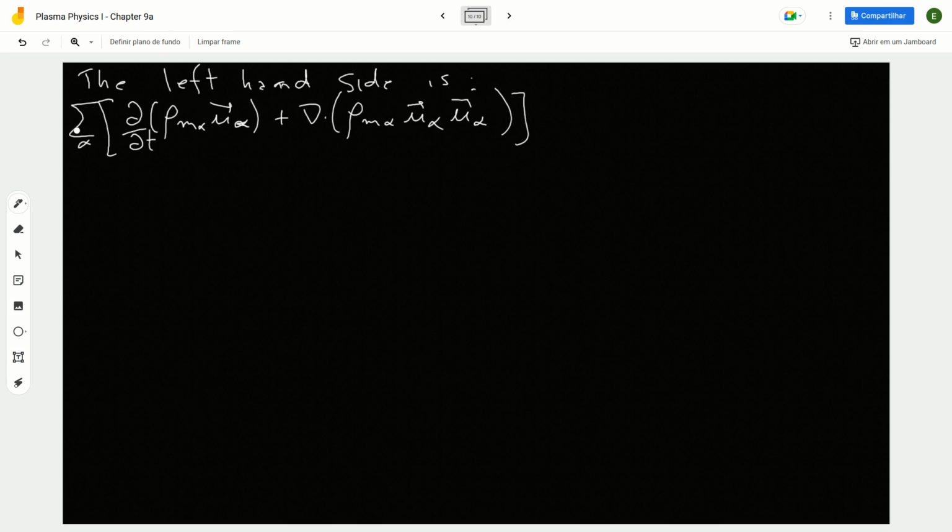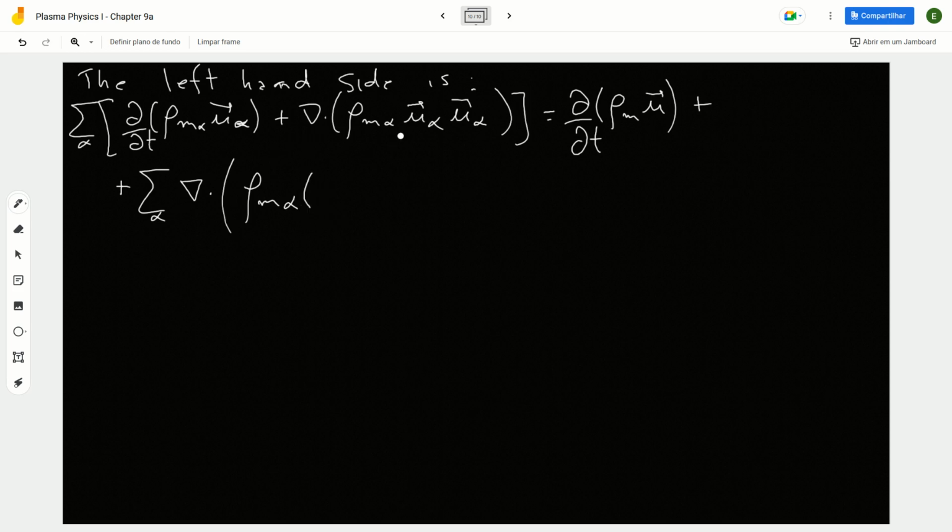Okay, if I sum this first term, I get just the rho, the total mass density, times u. So we have already done this. I don't need the summation here. Plus, I'm just going to represent u alpha by the sum of omega and u. So we have here rho times, what is u alpha?